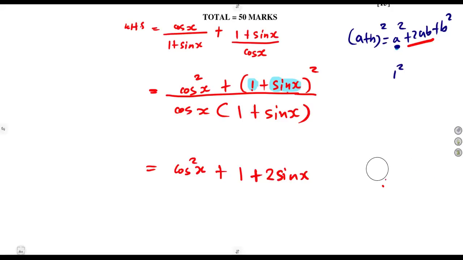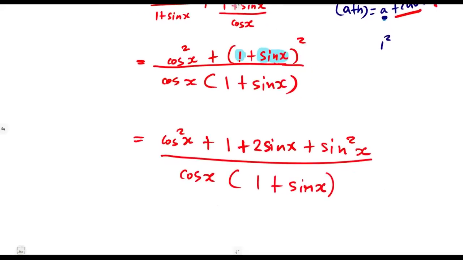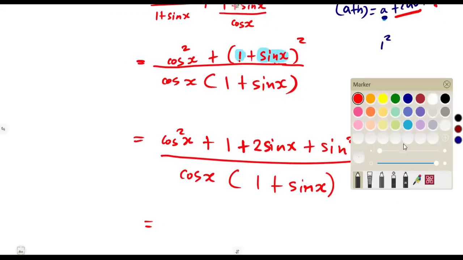All right. Then the last part is b squared. Our b is the sine of x, so we raise that sine of x to the exponent of 2. So that's sine squared x, like this. Everything over cosine of x into 1 plus the sine of x. Knowing our identities here is going to help a lot, because we can see that there are some identities that we need to put into consideration.